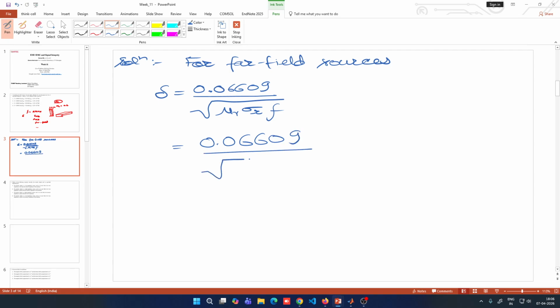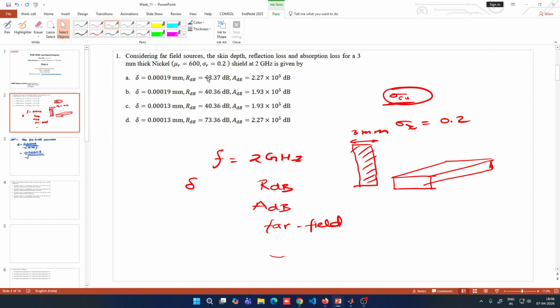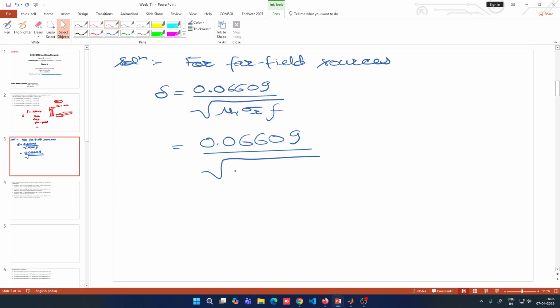We know mu r is 600 for nickel, sigma r, the relative conductivity, is 0.2, and the frequency of operation, the frequency of the wave which we have to shield, is 2 gigahertz, 2 into 10 to the power 9.